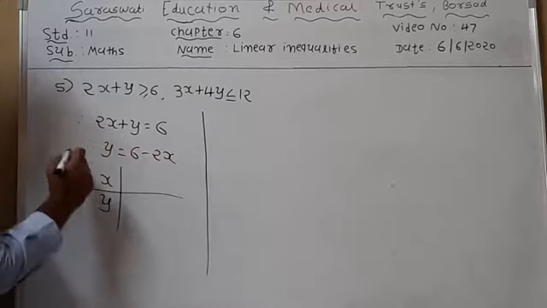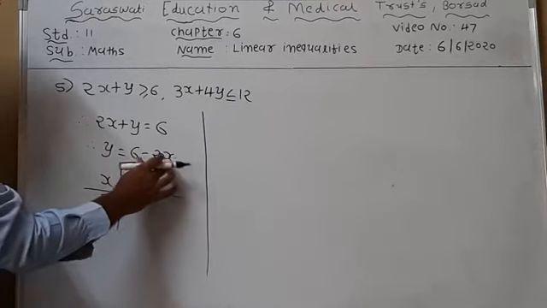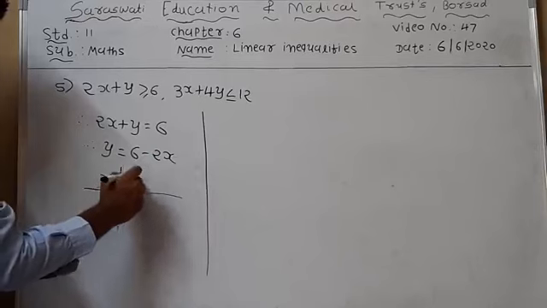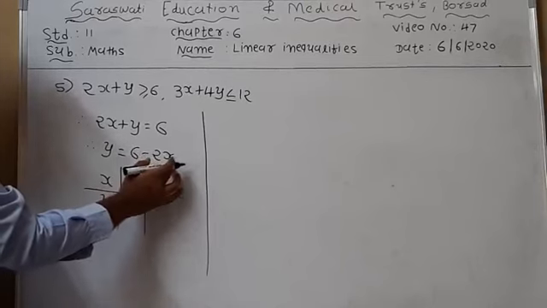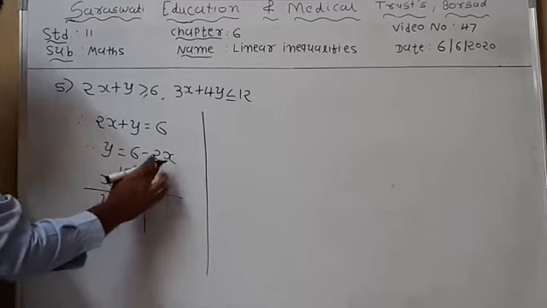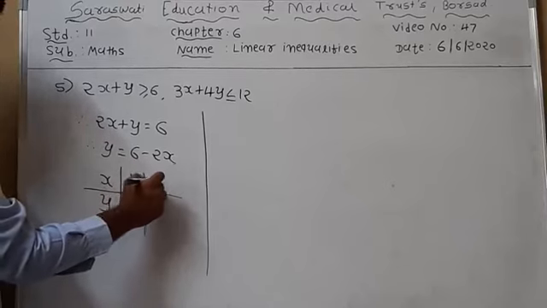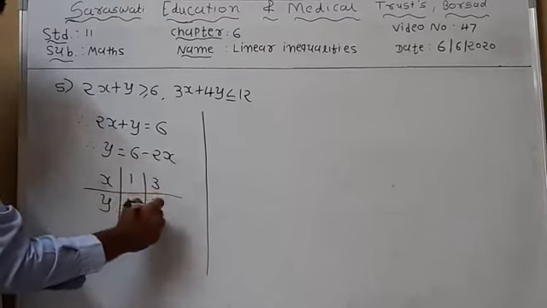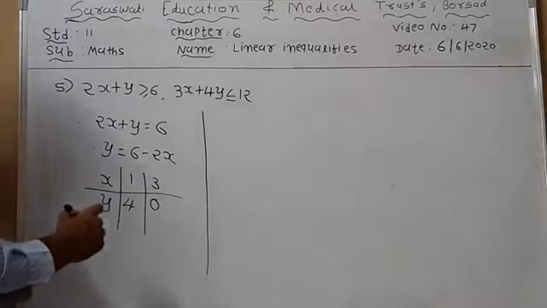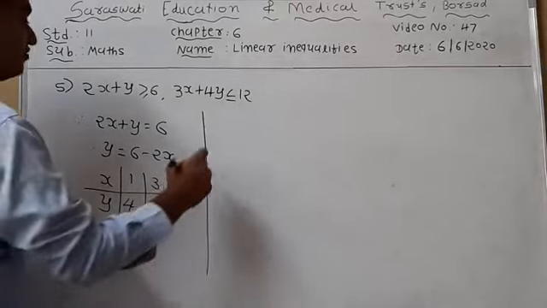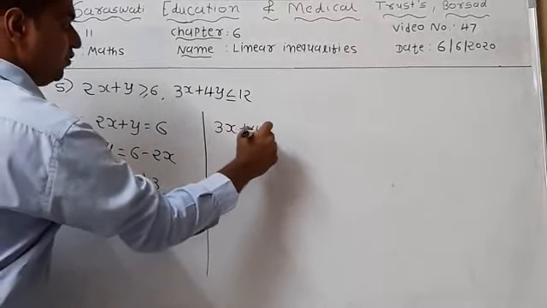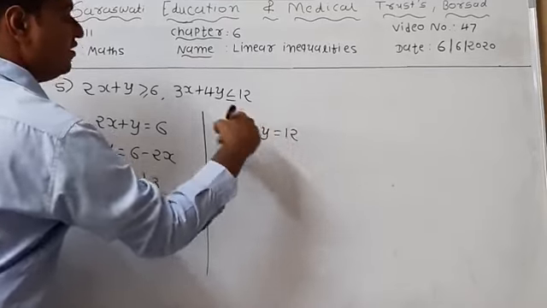Here for x and y, suppose we consider x as 1. So 2 times 1 is 2, 6 minus 2 means 4. For x equal to 3, 6 minus 6 means 0. Now the other inequality, 3x plus 4y less than or equal to 12. So 3x plus 4y is equal to 12.